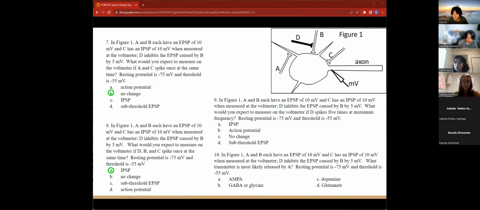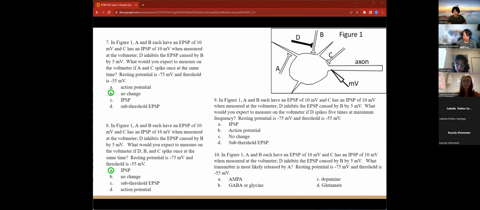But then the actual question is, what would you expect to measure if D, B, and C all spiked at once? Well, C has an inhibitory effect of 10 millivolts. And then D inhibits B by 5 millivolts. So B is excitatory, but D inhibits a little bit of that excitation.